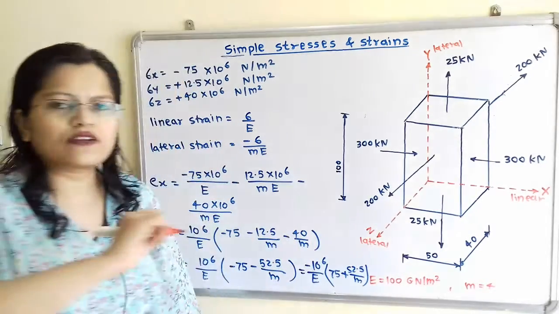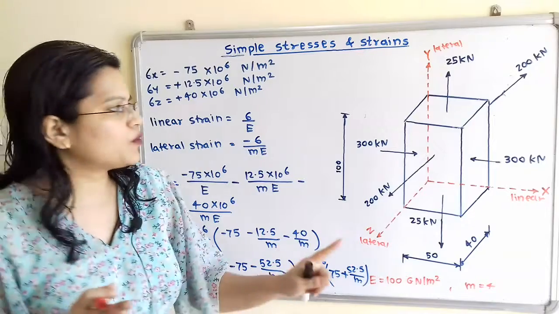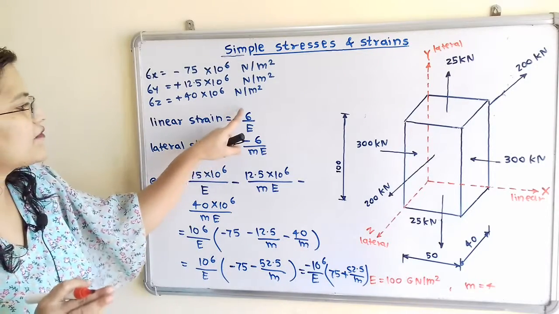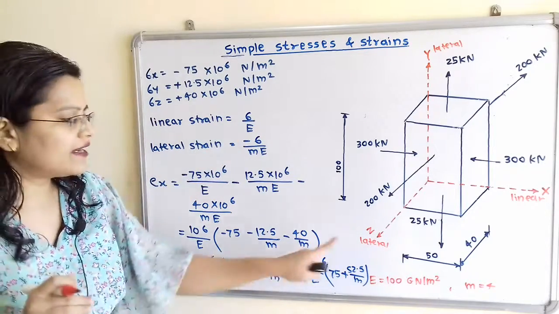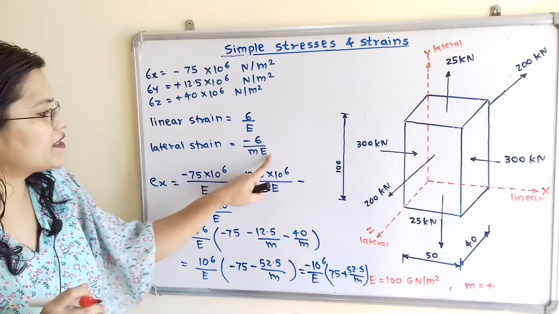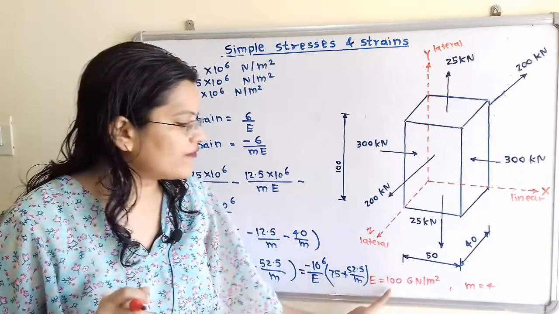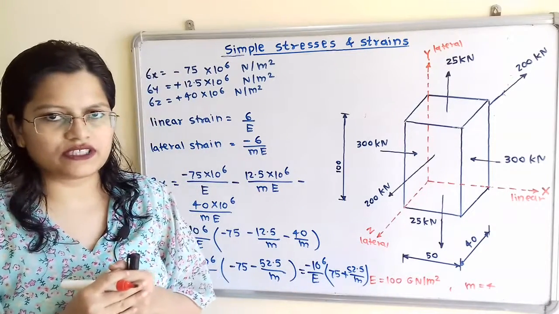Now how to calculate linear strain as well as lateral strain? The formula is linear strain is equal to sigma by E, and lateral strain is equal to minus sigma divided by mE, where the value of m and value of E is mentioned in the question.